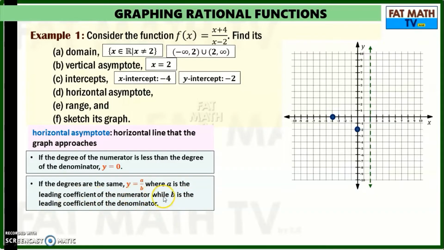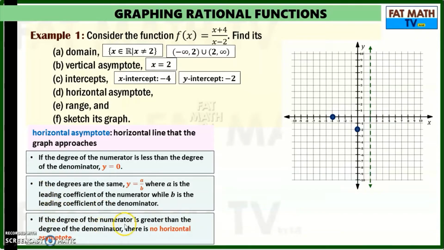The leading coefficient is the coefficient of the leading term. And if the degree of the numerator is greater than the degree of the denominator, there is no horizontal asymptote. But that doesn't mean that there's no other asymptote, just no horizontal asymptote.